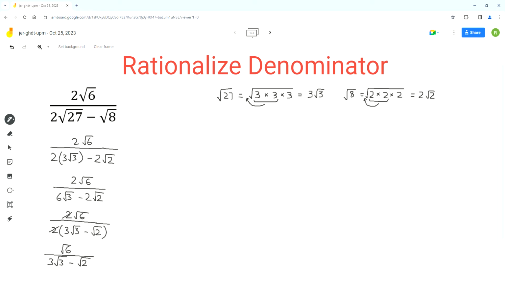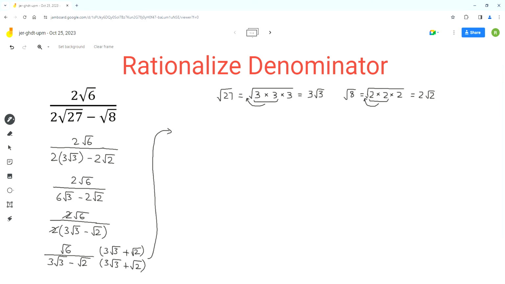Now we'll have to use the conjugate method to rationalize this denominator. So in the conjugate method, we have to multiply the numerator and the denominator by the denominator expression, but with the opposite sign. So we'll multiply the numerator by 3 square root 3 plus square root of 2, and then the same thing in the denominator. So now we can do the calculations here.